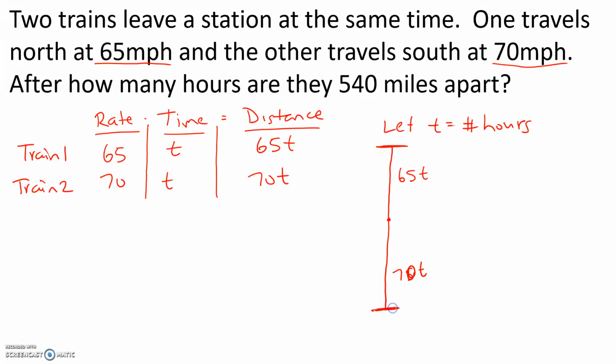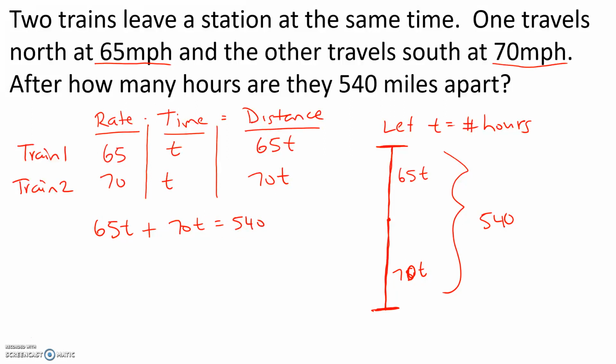Their collective distance from one end to the other is 540 miles. So to set up the equation, we would add the distance that the first train traveled plus the distance the second train traveled, and that distance is equal to 540. So we would say 65t plus 70t equals 540.